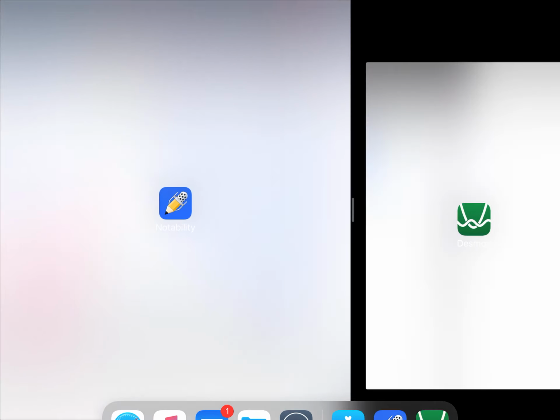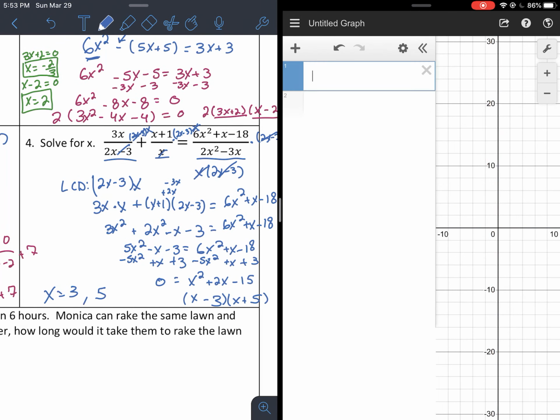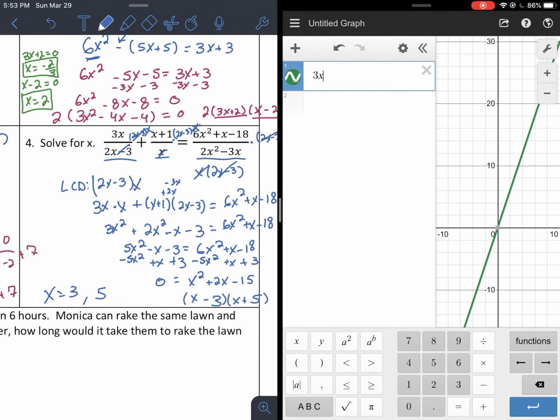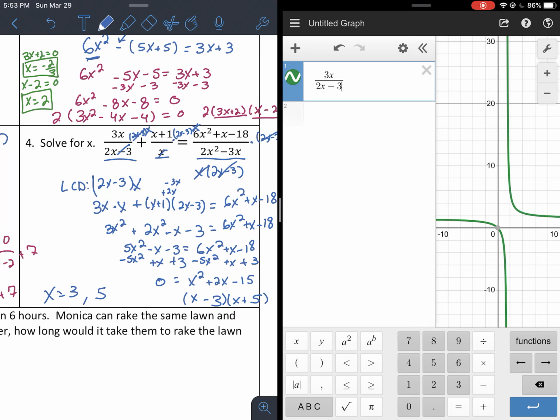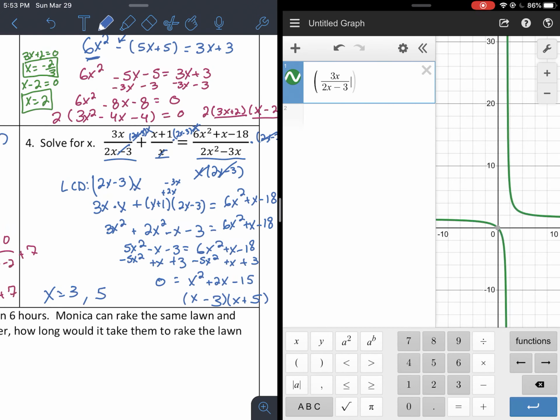And then I'm just going to do the quick check of throwing it into Desmos real fast to see if it works. So then we're going to go 3x divided by 2x minus 3. Then we can say plus x plus 1. Didn't want to do that. Delete that first parenthesis.